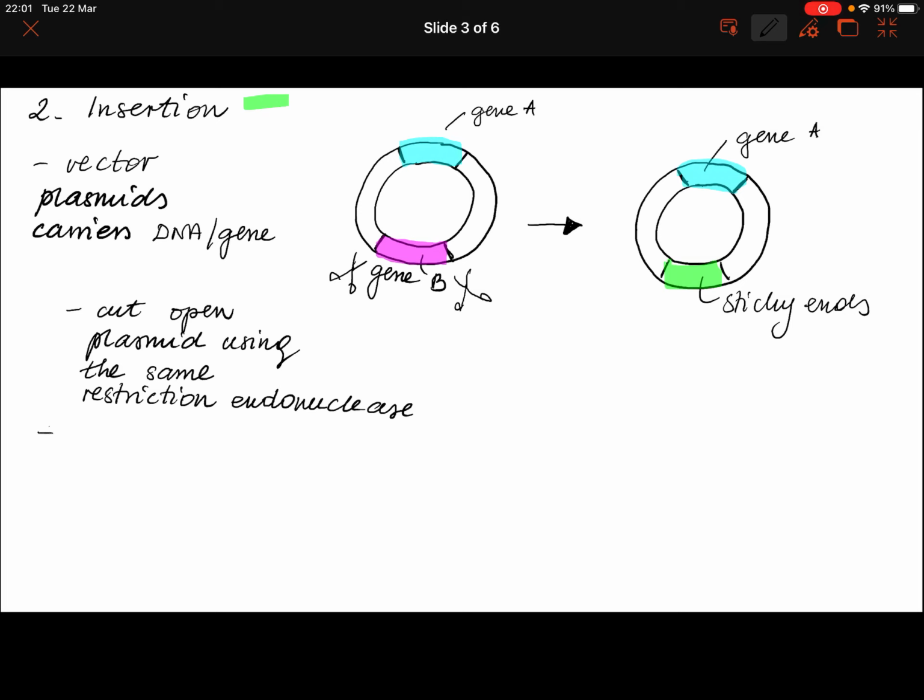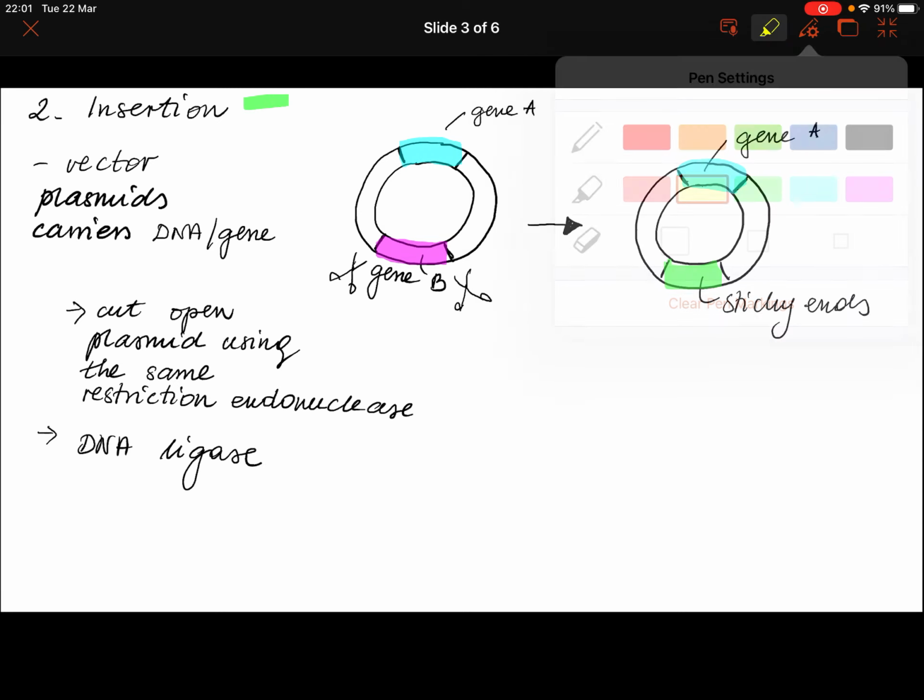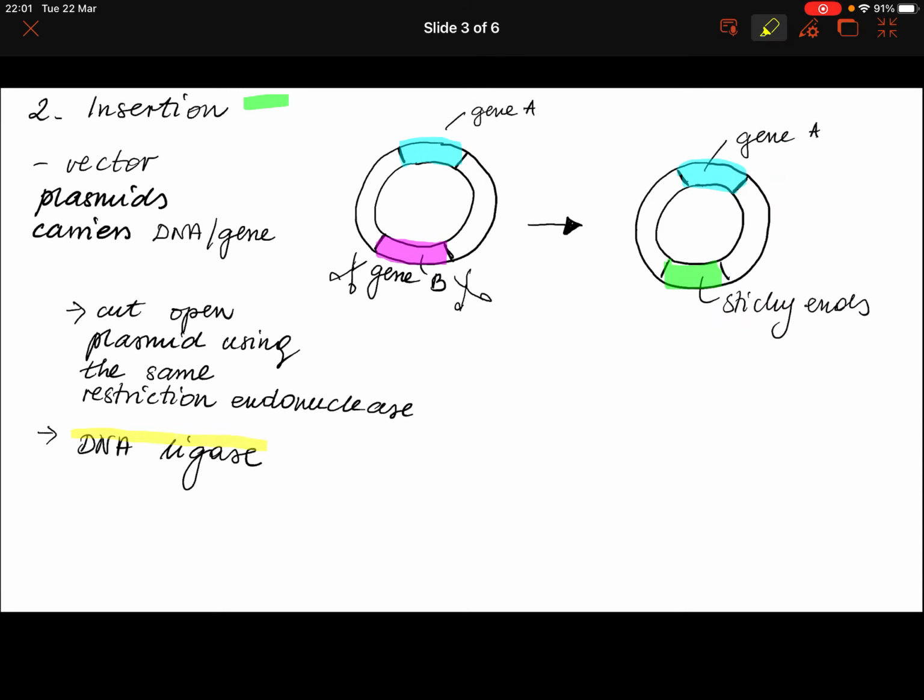And of course I need to join those fragments together, and I'm going to use an enzyme to join them together. The enzyme used to insert and stick in the sticky ends with the plasmid is called DNA ligase. So DNA ligase is going to allow me to join those two fragments of DNA, so my sticky ends and the plasmid ends together.